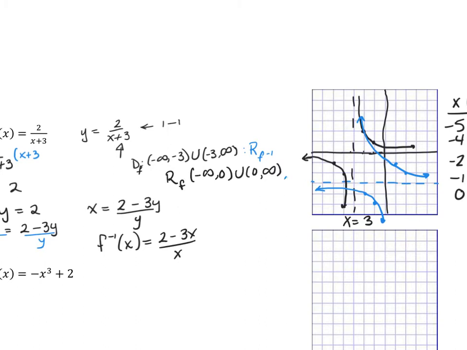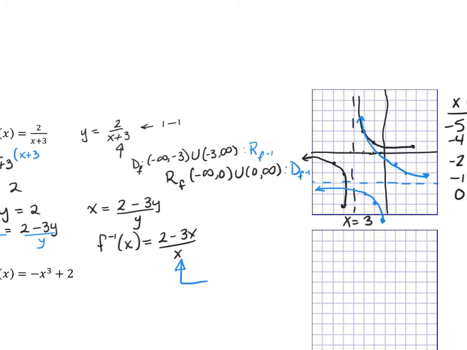If I did not know what that range was, that's okay, because I can find my inverse and see the restriction on my inverse, and my restriction on my inverse is that it can't be 0. Being able to graph them is something that we need to know how to do.